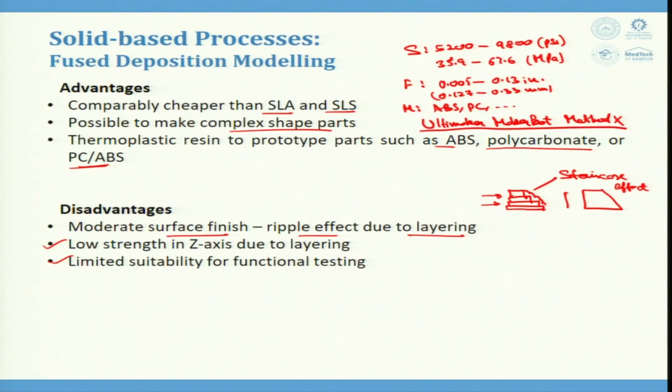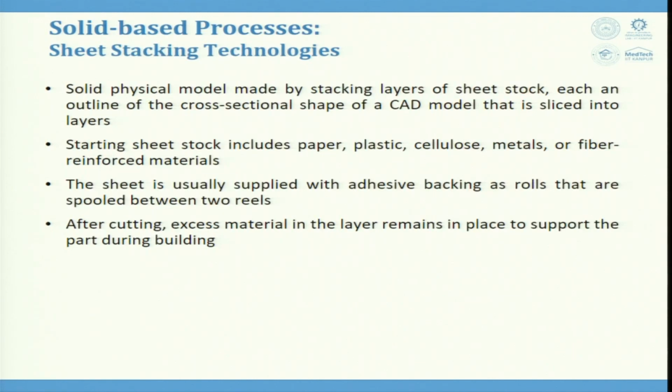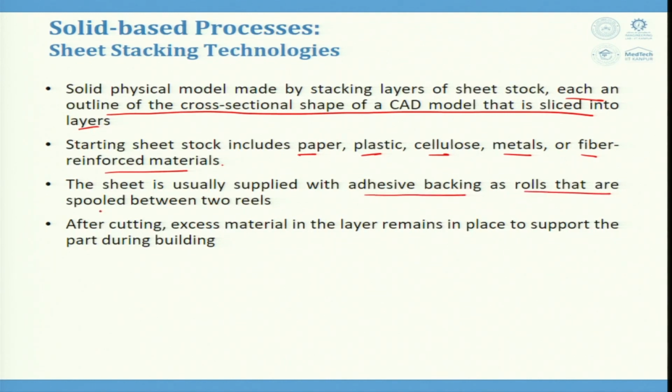Let us now talk about sheet stacking technologies, that is laminated object manufacturing. A solid physical model is made by stacking layers of sheet stock, each an outline of the cross sectional shape of the CAD model that is sliced into layers. Starting sheet stock includes paper, plastic, cellulose, metals, fiber reinforced materials. The sheet is usually supplied with adhesive backing as rolls, that is they are spooled between two reels.